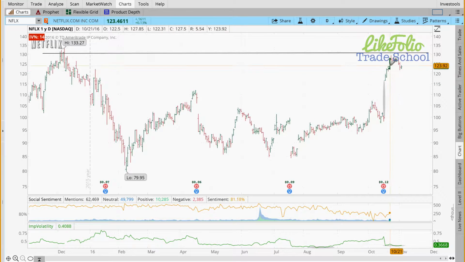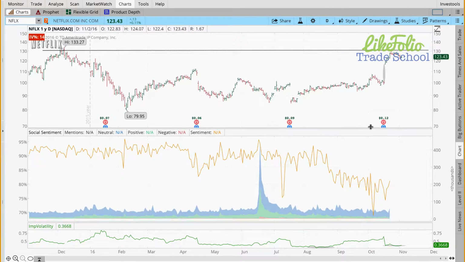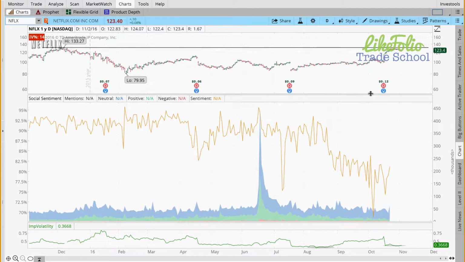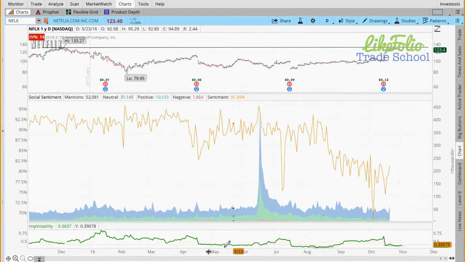We saw a continuation to the upside, but then it stalled out and started to falter a bit here. We have earnings behind us. We have a really big move behind earnings. It pushed up into 52-week highs and failed. So we're seeing some downside pressure. Could this downside pressure continue? I don't know, but maybe the social sentiment can give us a clearer idea.